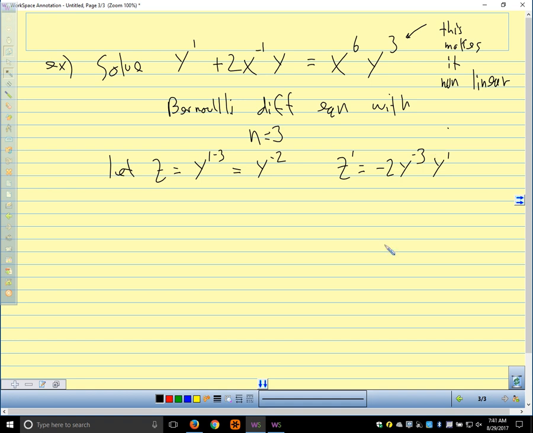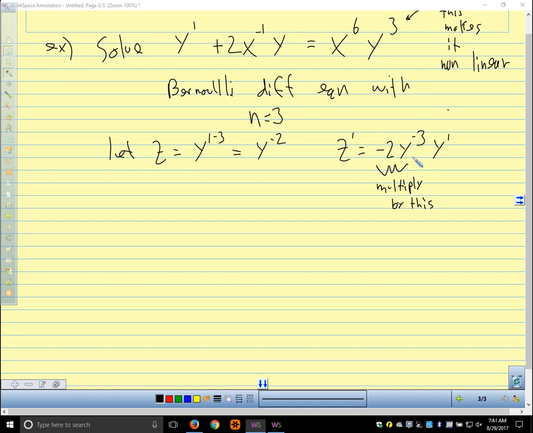All right, and we're going to multiply our equation by this quantity, minus 2y to the minus 3. So I multiply this original equation by minus 2y to the minus 3.